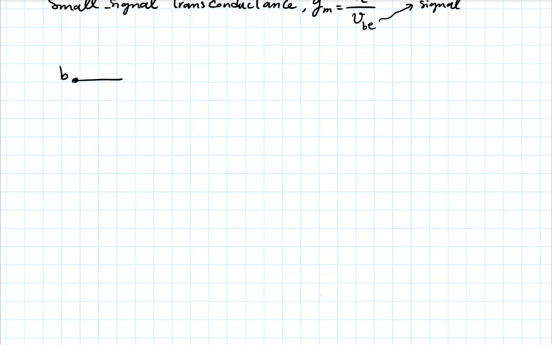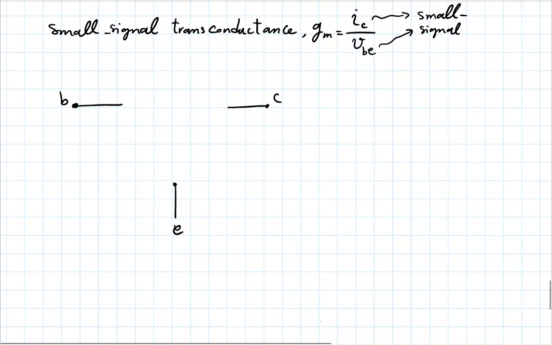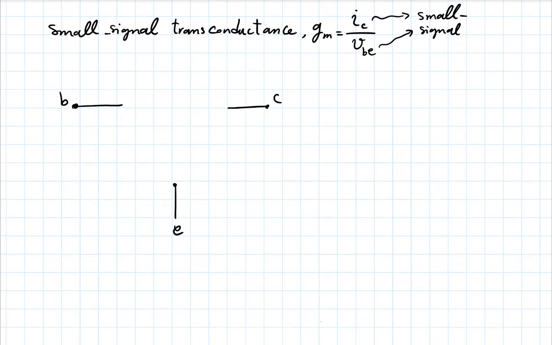In small signal, I'll use small letters: b, c, and e. And I'm saying the collector current, the small signal component of it, is just proportional to the input voltage. If this is v_be, the collector current is just a multiple of that. That's all.